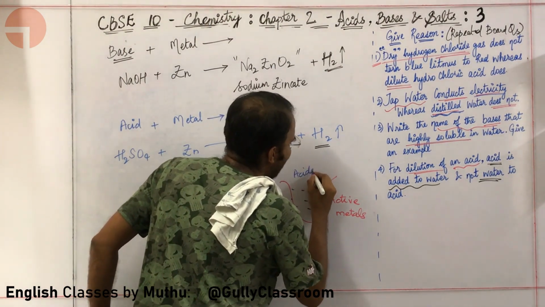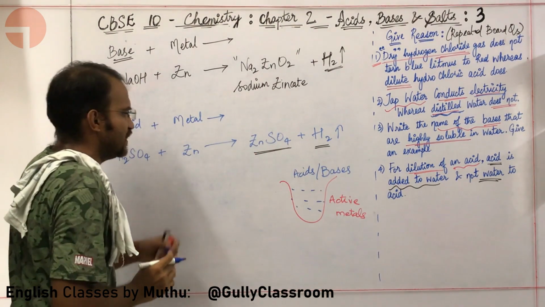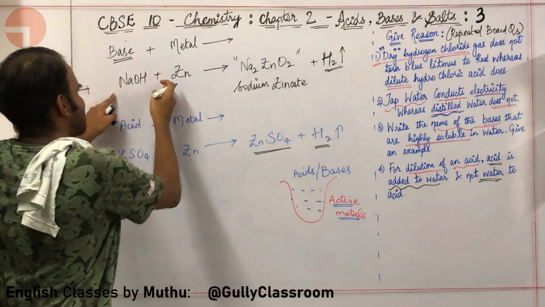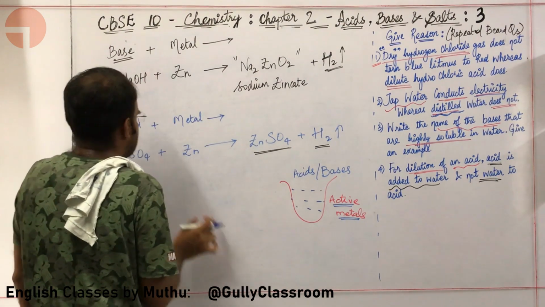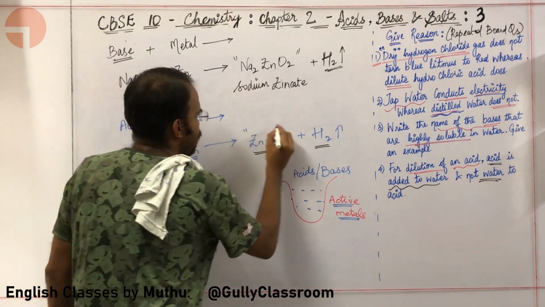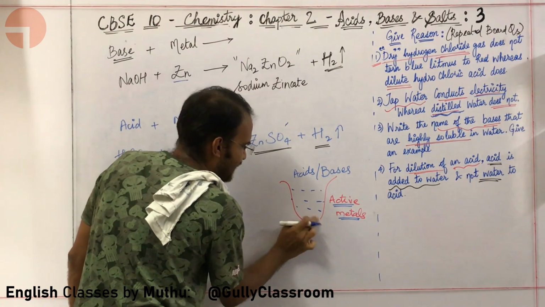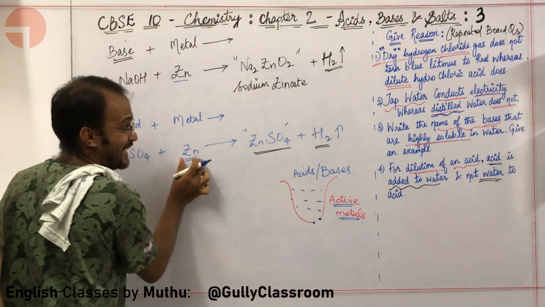Acids and bases, what will they do? They will react with these active metals. Just as I have shown in the reaction, these metals will form salts, and the vessels will get broken because the metals are reacting.